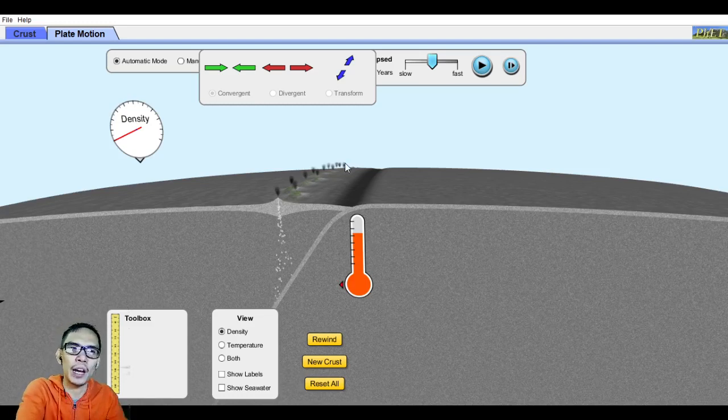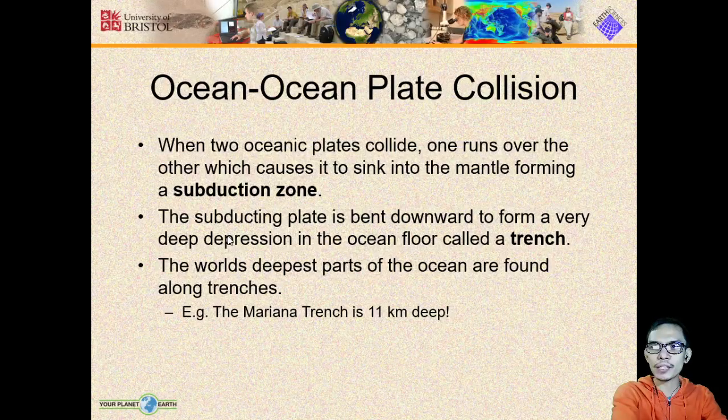Therefore, it gives off some lava and creates these islands over here. So this is the scenario where oceanic crust and oceanic crust collide with each other. That is the plate collision that you have over there. Let's go back to our slides.